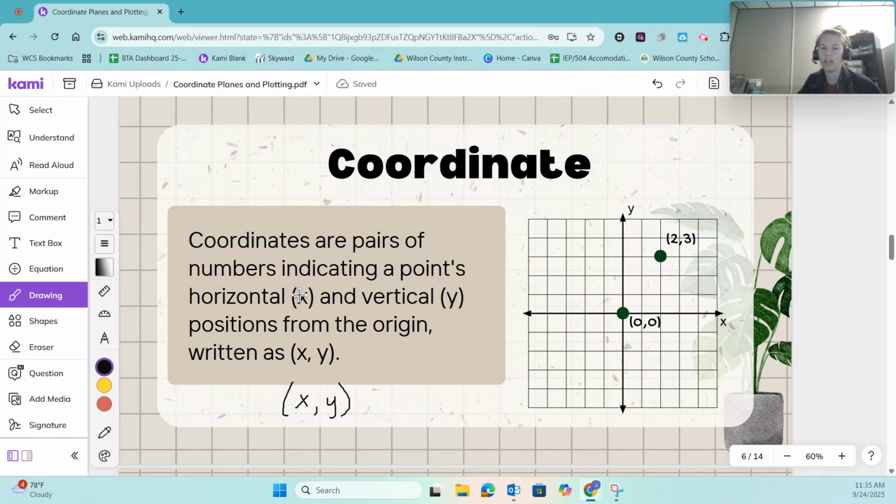We'll take a look at exactly what this looks like when you're plotting, but just so you know, a coordinate is the pair of numbers indicating a specific spot. So (0, 0) is that origin we talked about, where the x value is 0 and the y value is 0. Now, for this point I've plotted here, the x value is 2 and the y value is 3. So that's where those points come from.